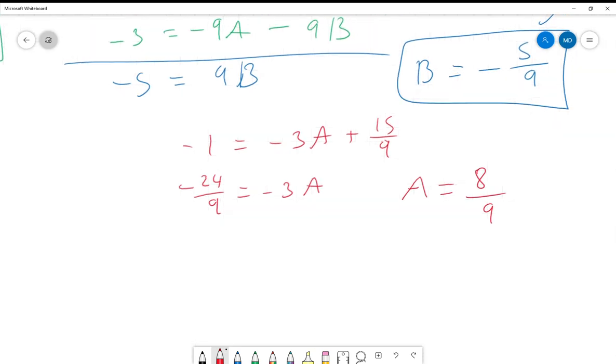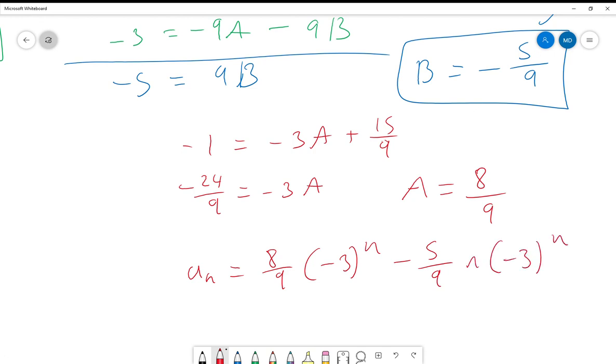And therefore our general solution is u_n is equal to 8/9 of negative 3 to the n, minus 5/9 of n times negative 3 to the n.